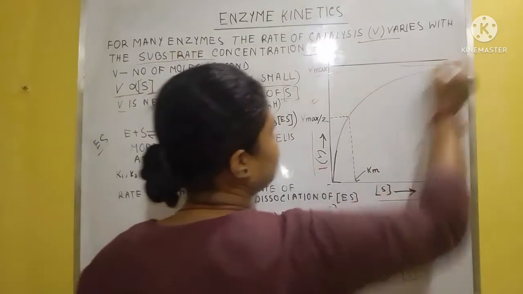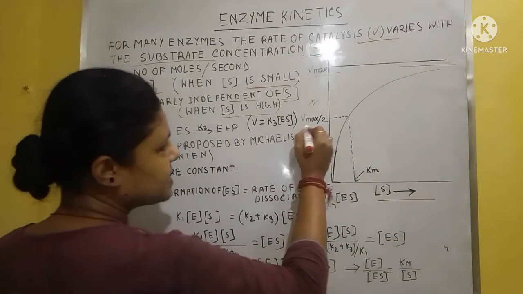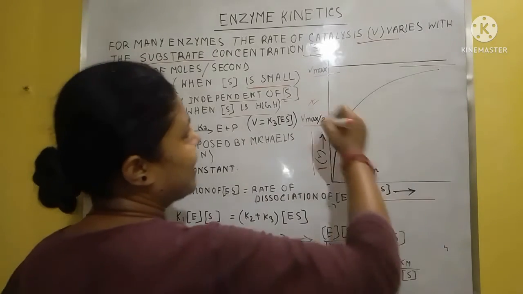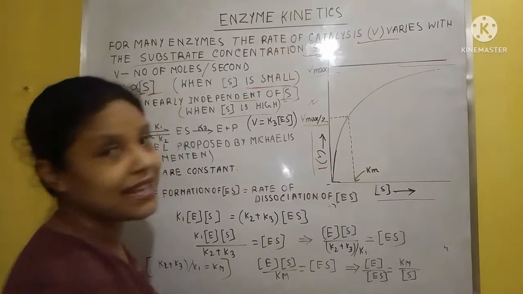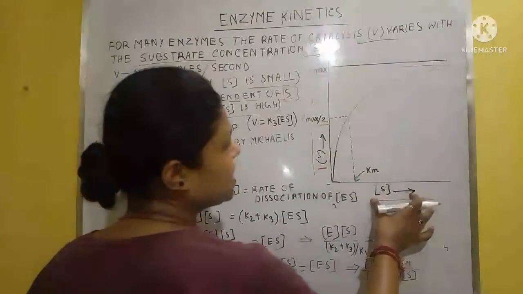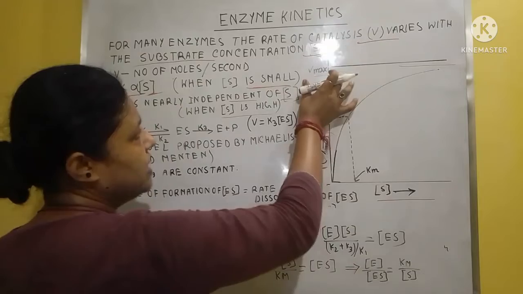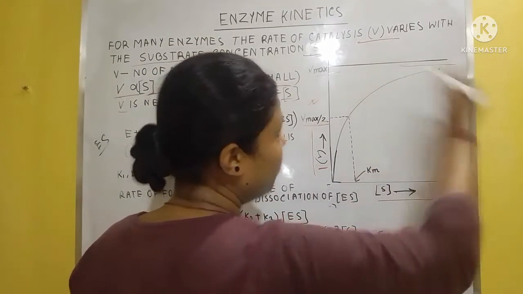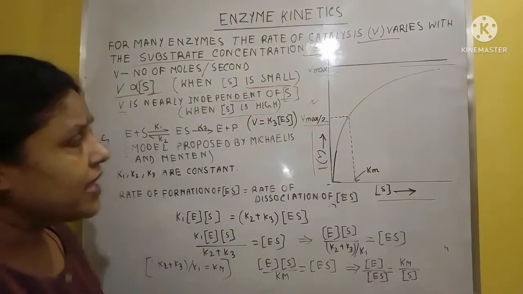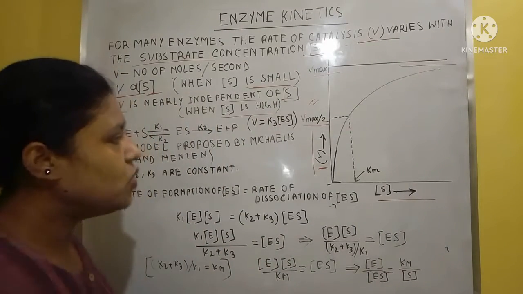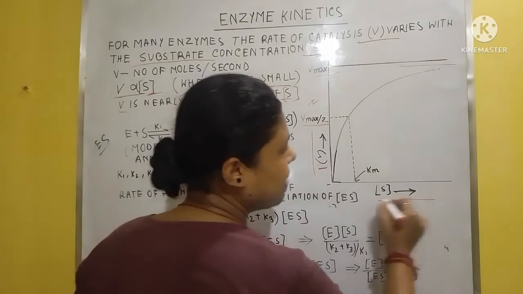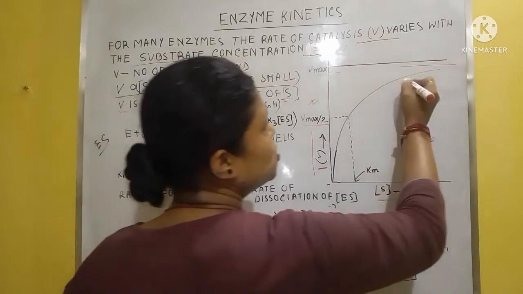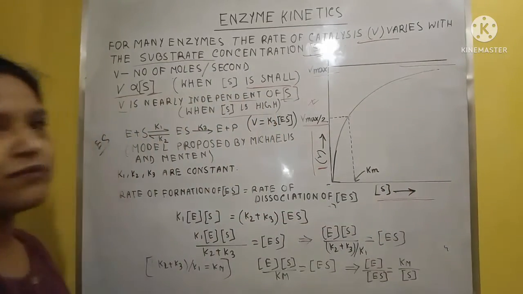This is called Vmax, the maximum velocity, and this is Vmax by 2, half of Vmax. The curve forms this shape because once the velocity is maximum, you can keep increasing the number of substrate molecules in the medium, but there is no increase in the graph.